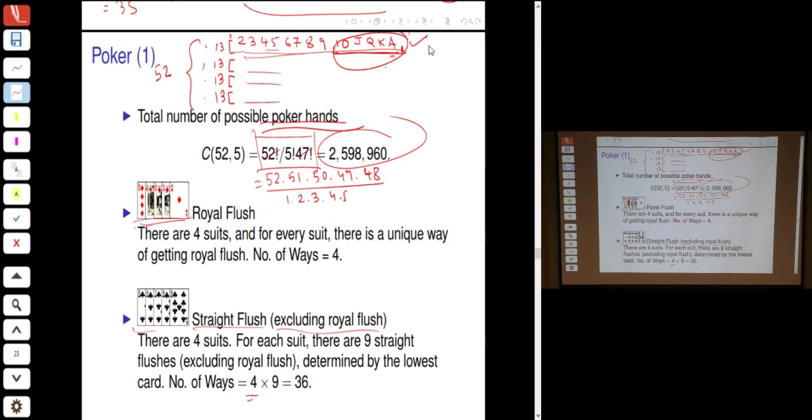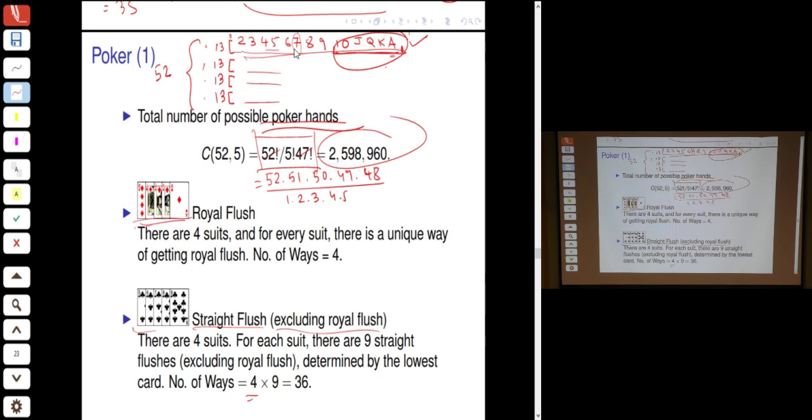For specifying 5 consecutive cards, all that you need to specify is where you start from. Because once you know which card you start from, let us say 7, the next one will be 8, the next one will be 9, the next one will be 10 and the next one will be jack. So, once you know the starting card, you know everything else in your hand. Okay? So, once you have picked the suit, all that you need to specify is the starting card.